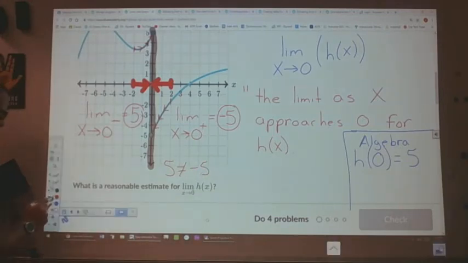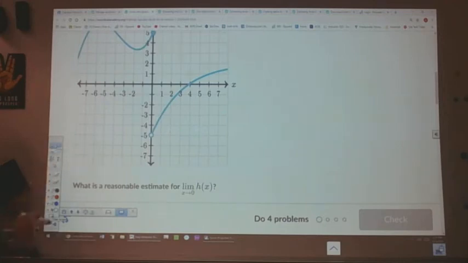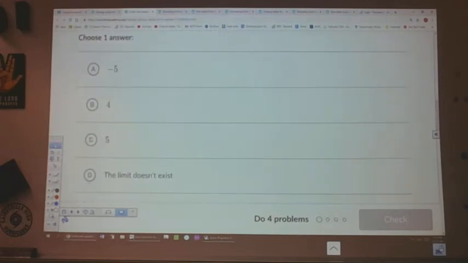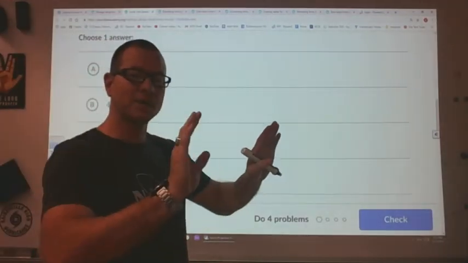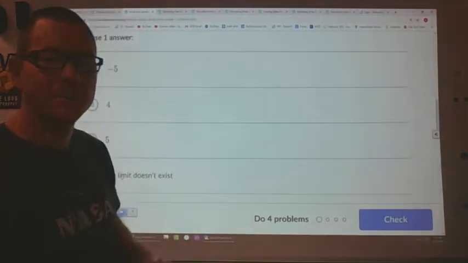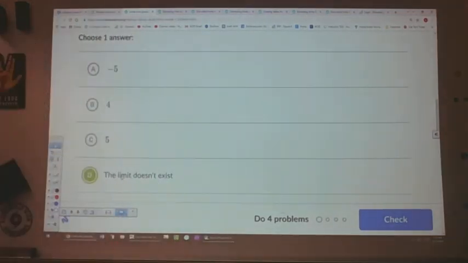So if we go down and look at our options for this answer, the limit doesn't exist. There is no way to look at the left-hand side and the right-hand side of that graph around 0 and match them up. It does not exist.